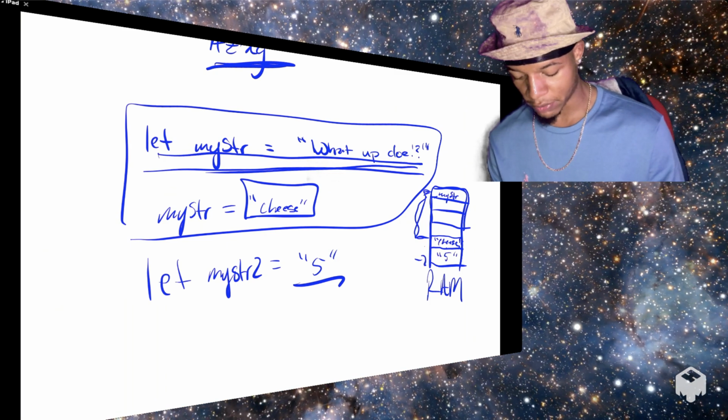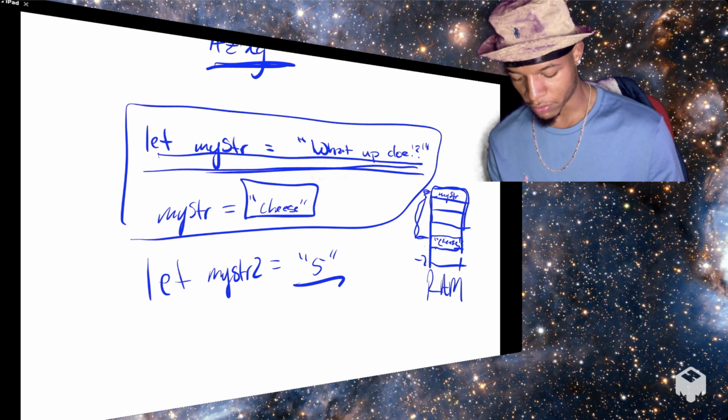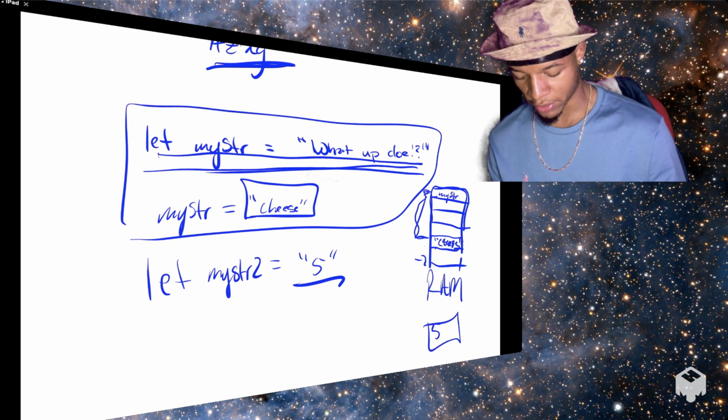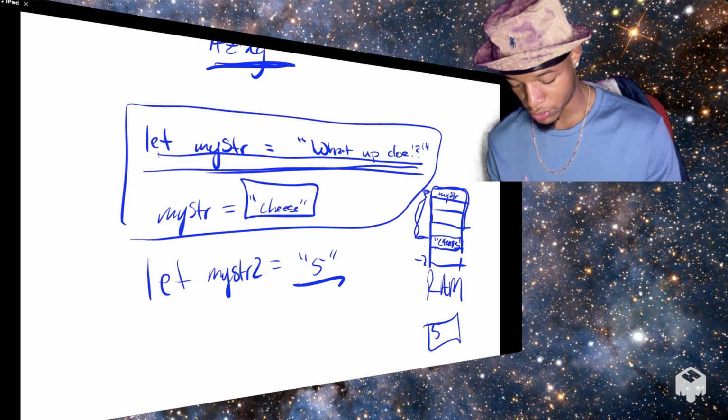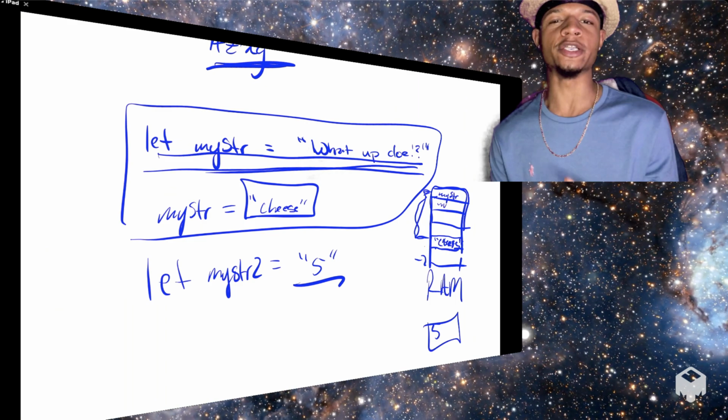It'll actually put it somewhere at random. So 5 will come down here, and then it will say my string 2. And this is good for security reasons and whatnot.